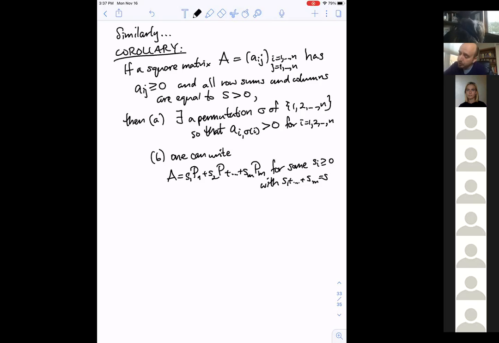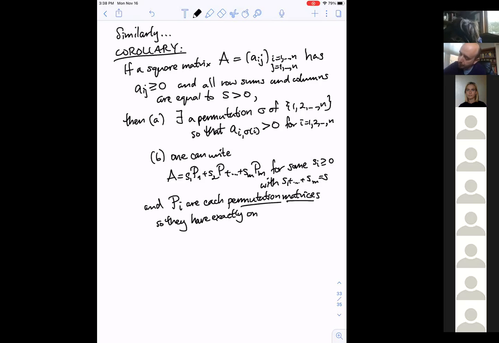And the P_i are permutation matrices, which means they've got exactly one non-zero entry in each row and column, equal to 1.